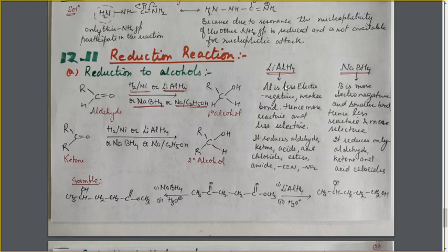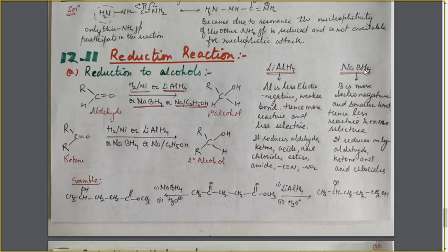That's why it is more reactive. Whereas in this case the boron is of smaller size and has higher electronegativity, and due to smaller size the bond will be short and the bond strength will be higher, so it will not lose the H negative ion easily. That's why it is much less reactive.